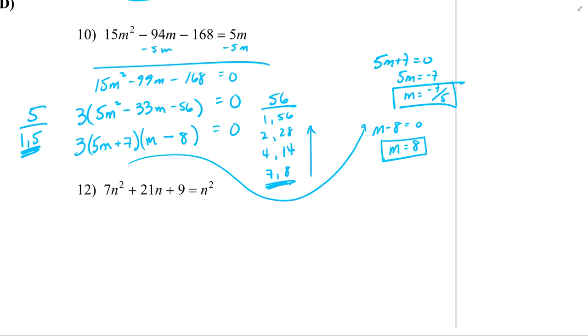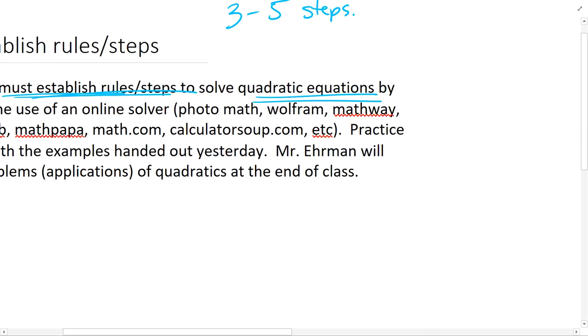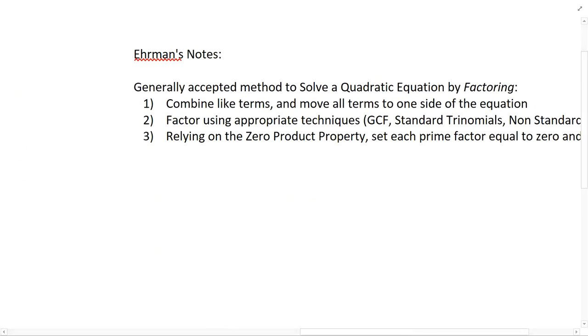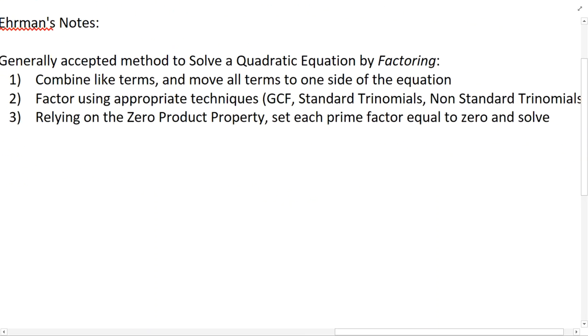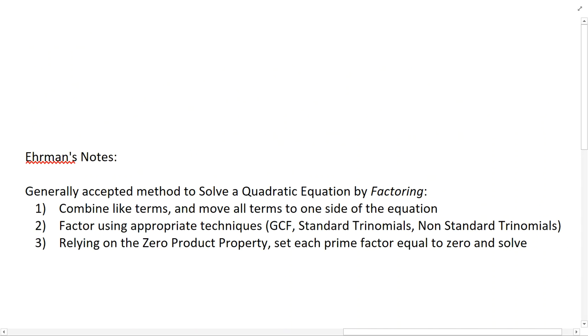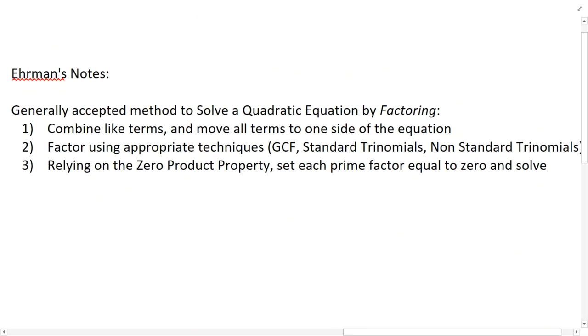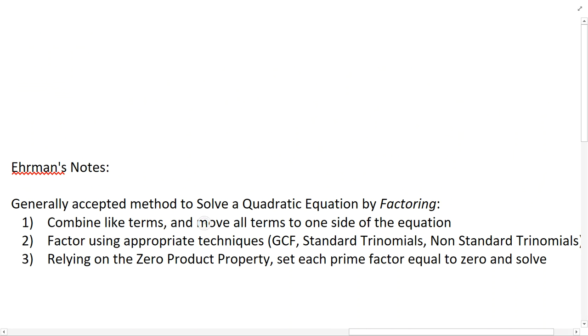So I'm going to wrap up this video by sharing with you my 3 steps. If I were to solve a quadratic equation by factoring, these are the 3 steps that I would go through. Number 1, combine like terms and move all terms to one side of the equation if I can.